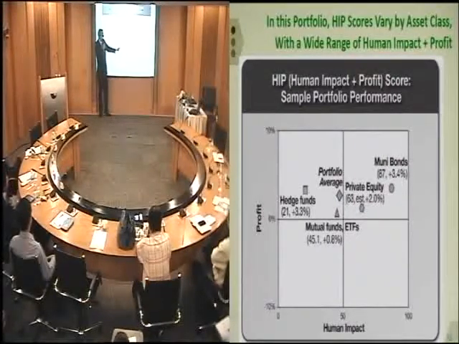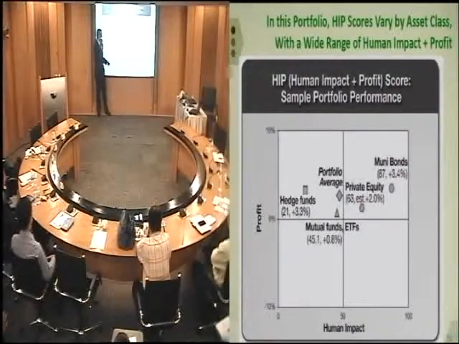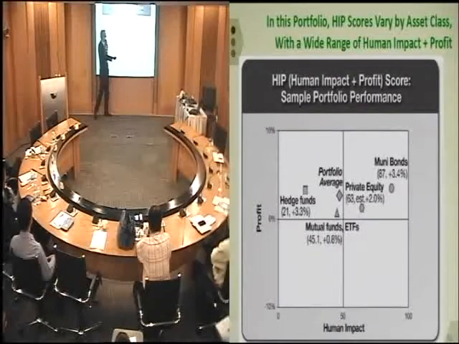This is publicly listed mutual funds and ETFs, so there's a wide range of publicly listed companies. And then hedge funds, because hedge funds usually can't see inside them. So if you make money, you don't know why, and if you lose money, you definitely don't know why. And that's the way they like it. So that can blend into a portfolio average.